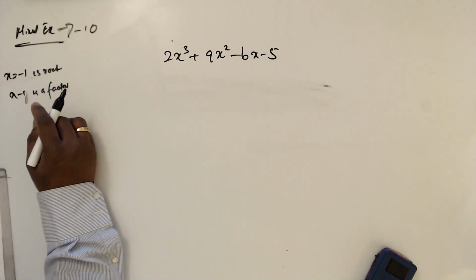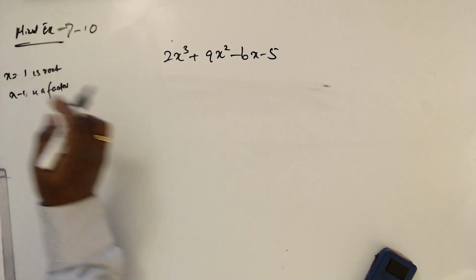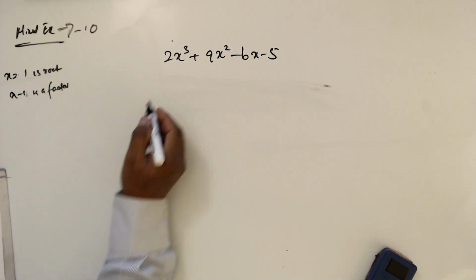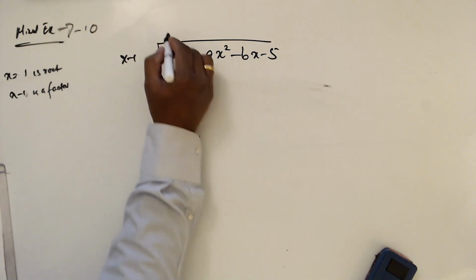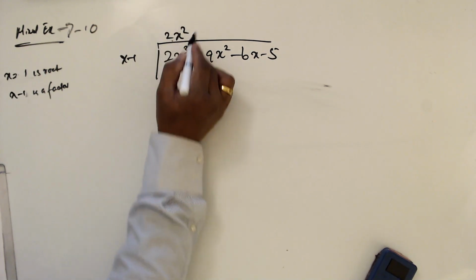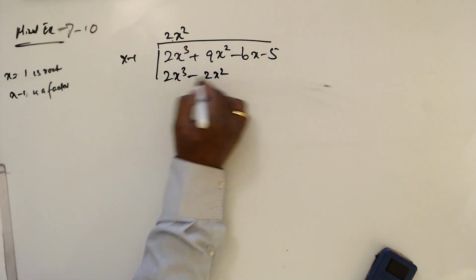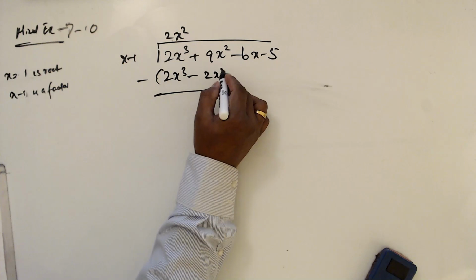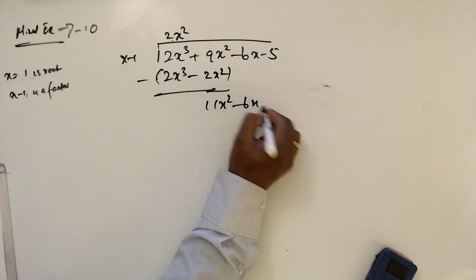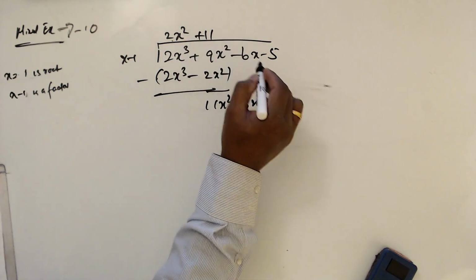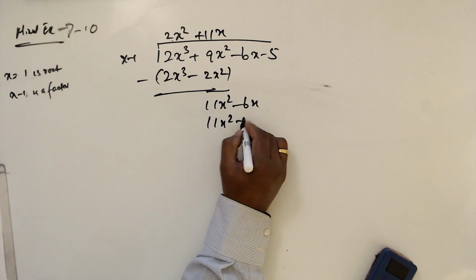Sorry, I think x equals 1 is a root. It means x minus 1 is a factor. x minus 1, 2x squared, 2x cubed minus 2x squared. Then we have to subtract. This is 11x squared. I'll bring down minus x. This is going to be plus 11x. So this is going to be 11x squared minus 11x.